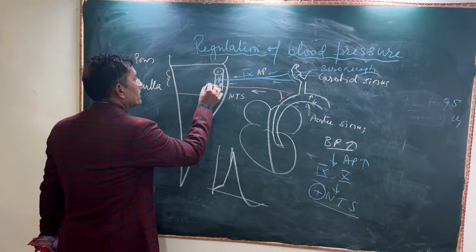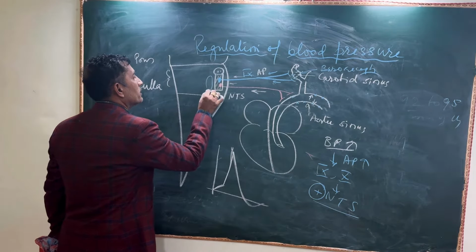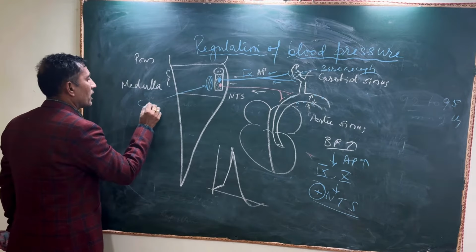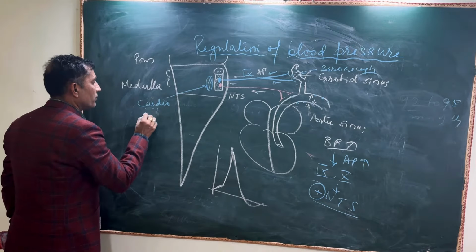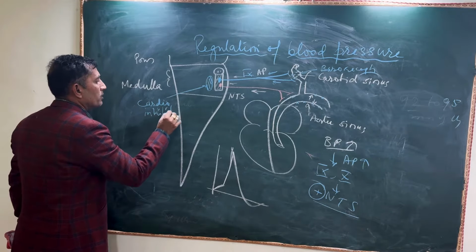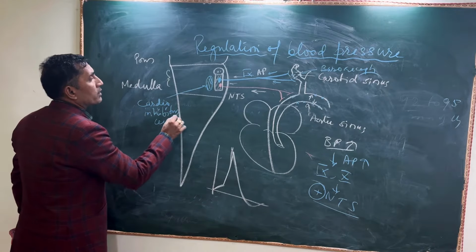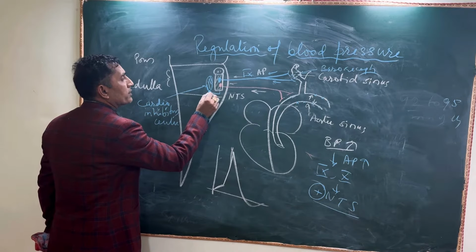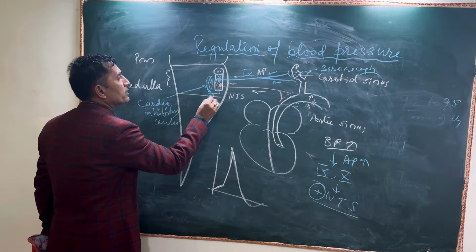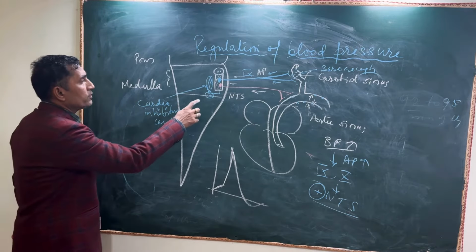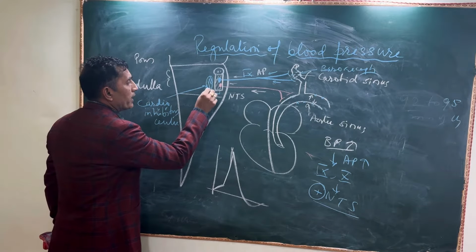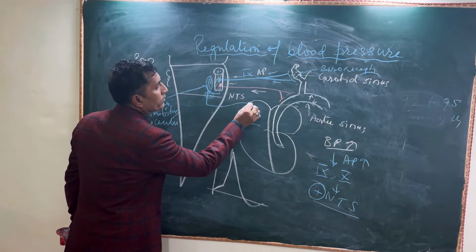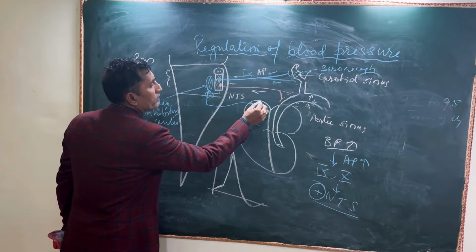Now, there is another center we have, that is the cardio-inhibitory center. This cardio-inhibitory center will be stimulated, and this will send the information to the SA node.